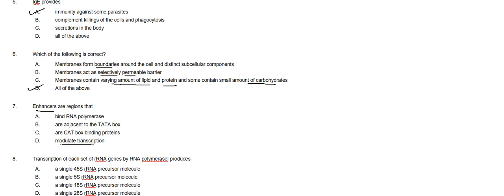Number 8, transcription of each set of rRNA genes by RNA polymerase 1 produces a single 45S rRNA precursor molecule.